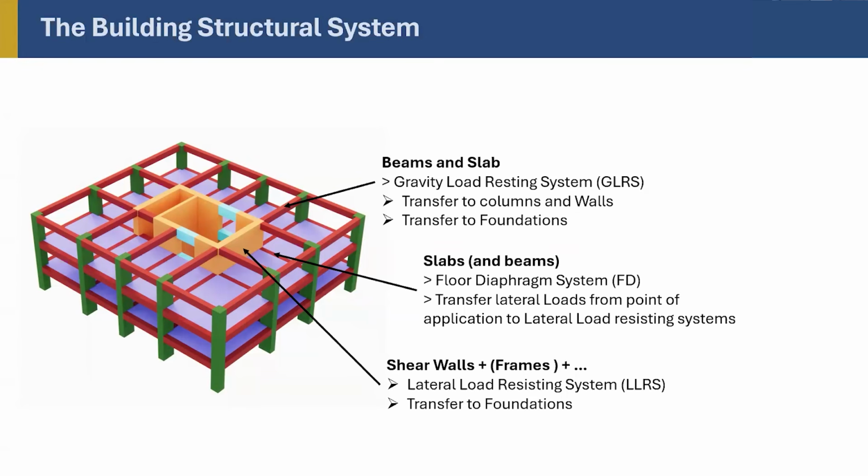Because if you increase the slab, let's say by 10 millimeters, 1 centimeter, and you have 100 floors, you multiply that by 100. So you increase a huge amount of concrete weight. Anything that you do on one floor multiplies by the number of floors. So each floor must be optimized for gravity loads. Each system has to be independently designed and checked.